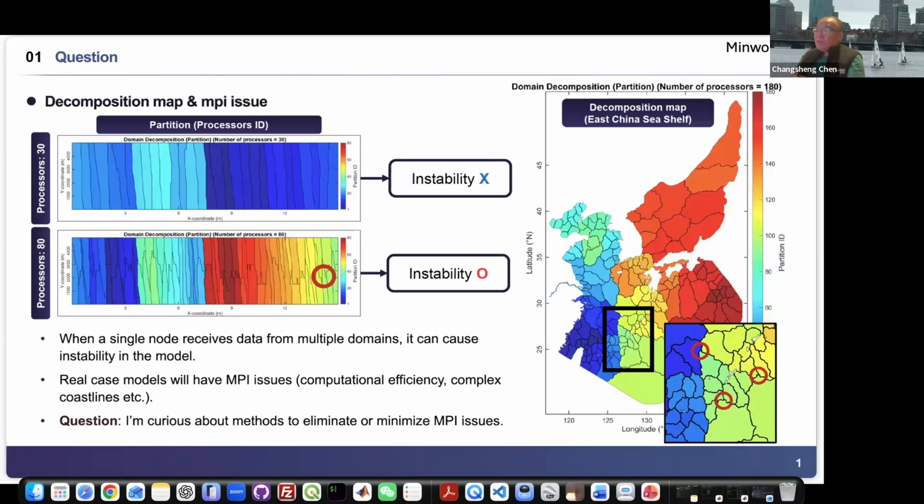Probably two nodes, you know, you had so many nodes, that's why the two nodes probably use the same domain. But then 108 nodes, I looked at the map for the China Sea model, and I don't think that can cause a problem. That should be okay, but I don't know how efficient it is. But I don't think it causes a problem.